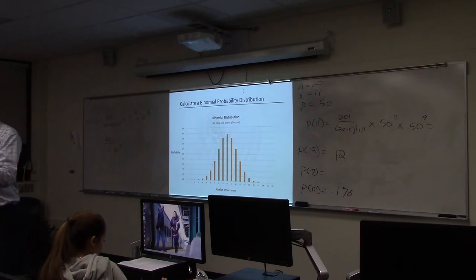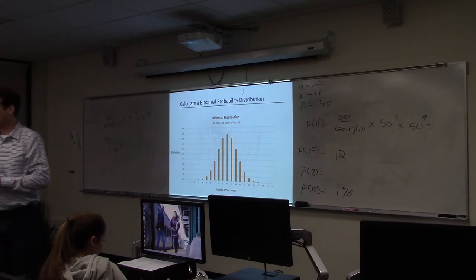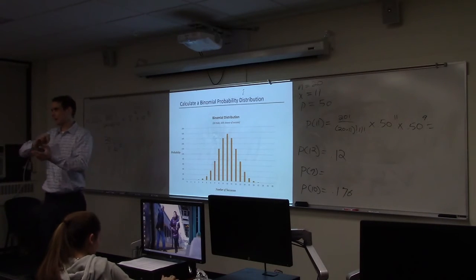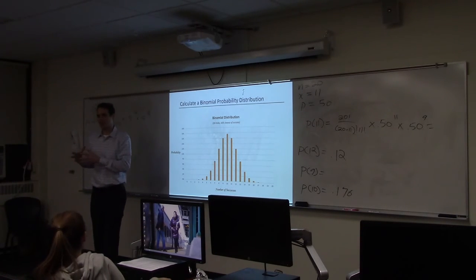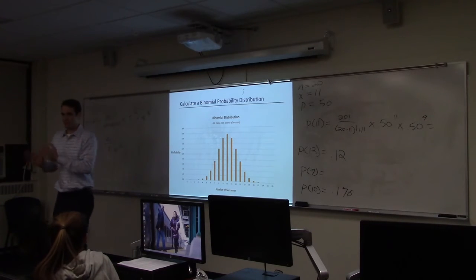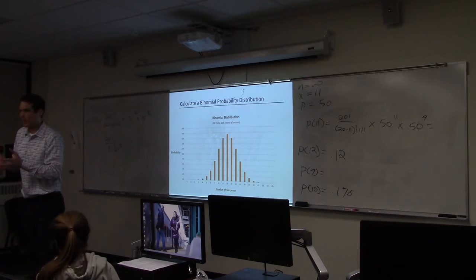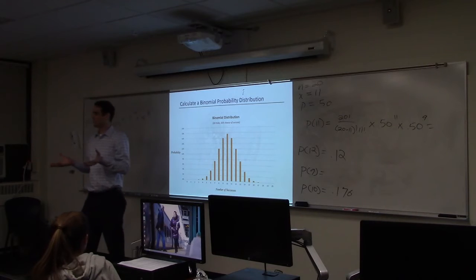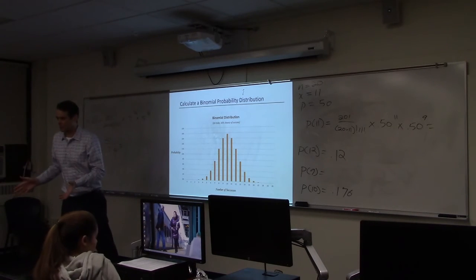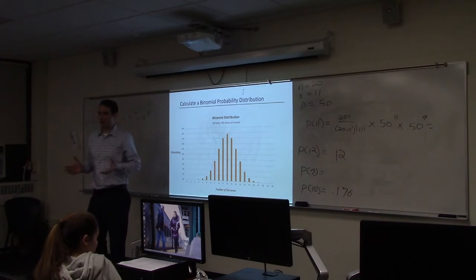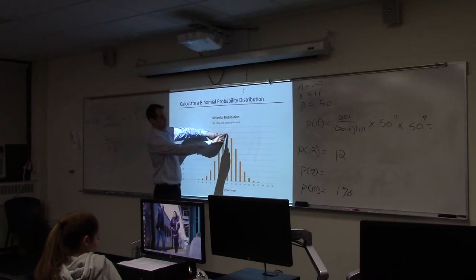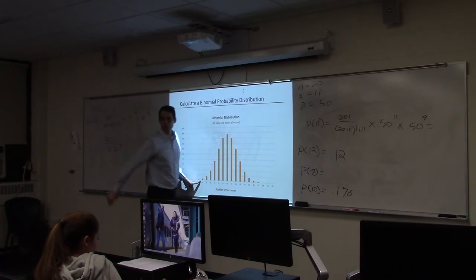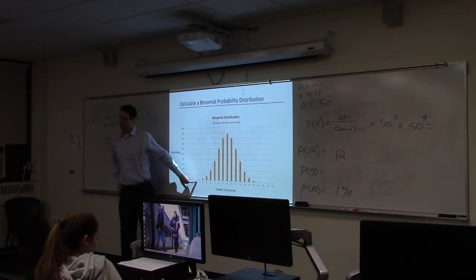One tree may have gotten a little bit more water as it ran through the canyon. One tree may have had genetics that weren't quite as good. It's certainly not as simple as a 50-50 coin flip, but there's probabilities associated with that. And if we have 10,000 trees in a forest and we measure the height of all of them, it's very likely we're going to get a perfectly symmetrical bell curve.